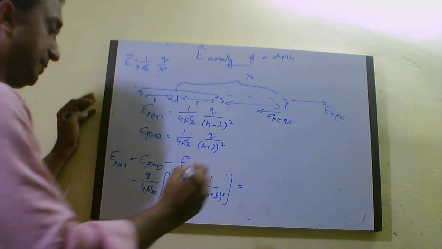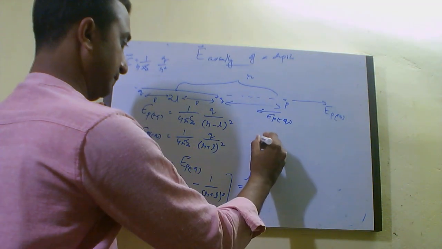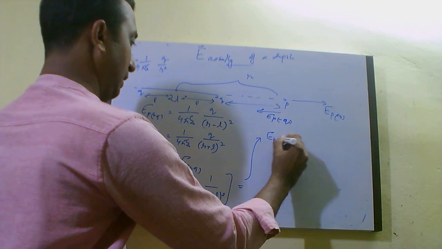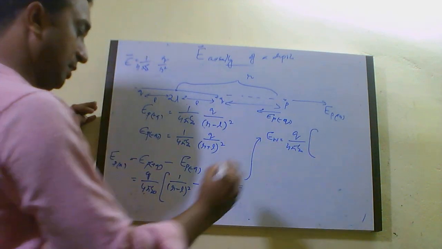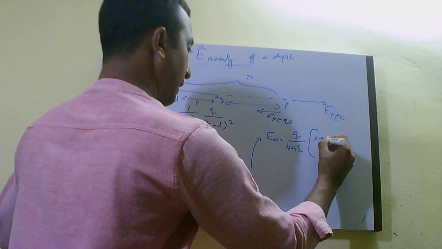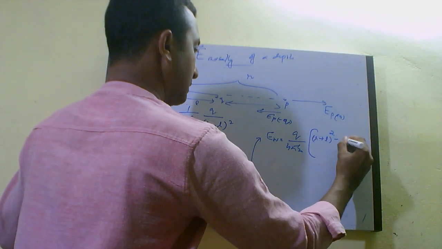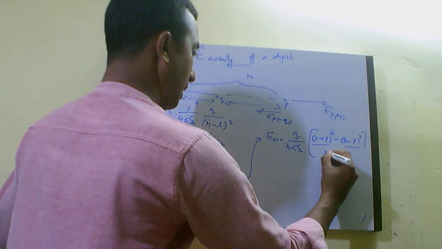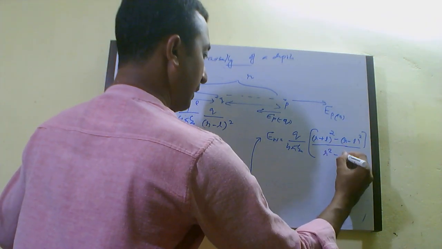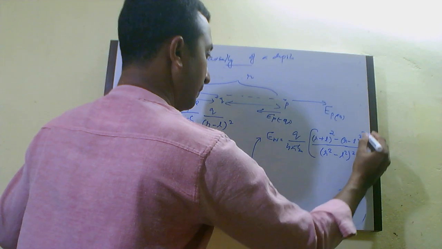Cross multiply. So E net will be equal to Q by 4 pi epsilon 0, (R plus L) the whole squared minus (R minus L) the whole squared, divided by (R squared minus L squared) the whole squared.